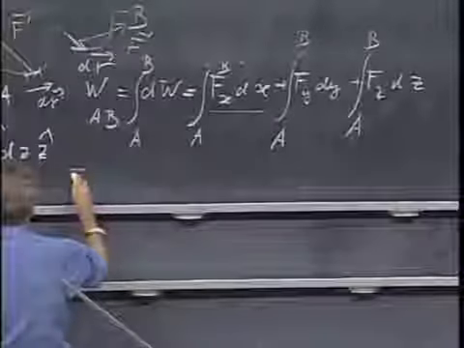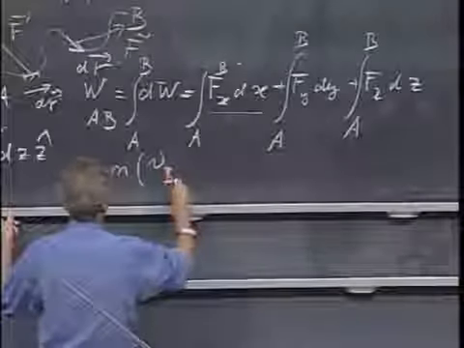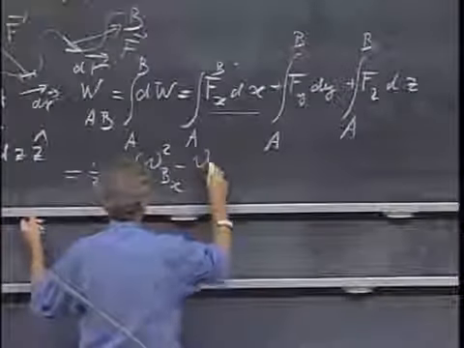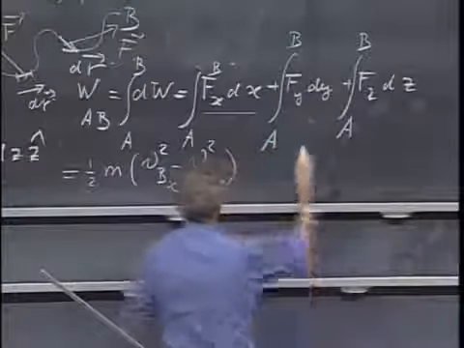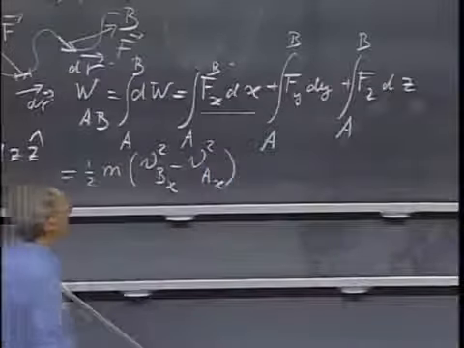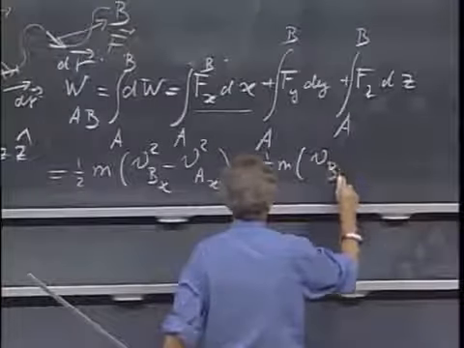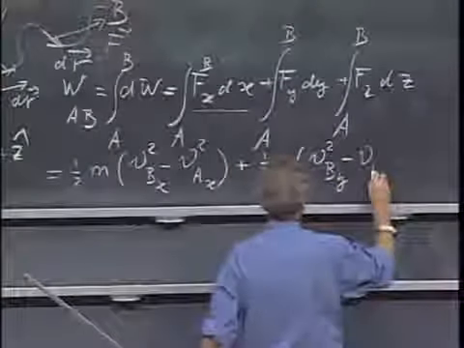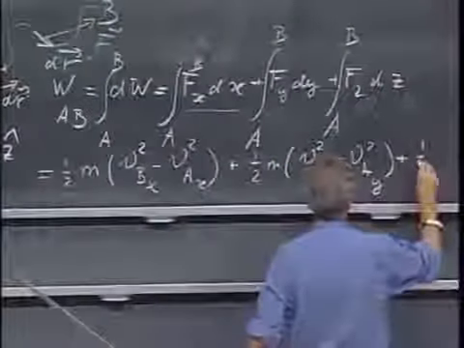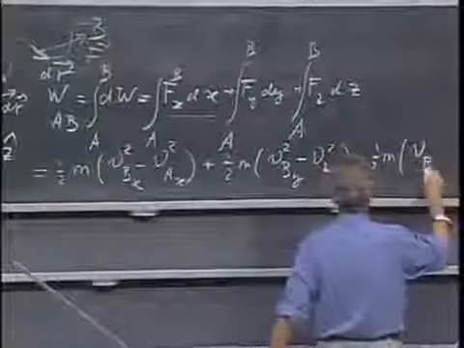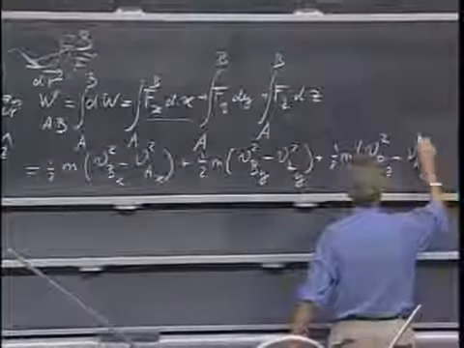So we have 1/2 m vb squared, this is the x component, minus va squared, the x component. This is also a one-dimensional problem now, except that now I deal with the y component of the velocity. So I get 1/2 m times vb y squared minus va y squared plus 1/2 m vb z squared minus va z squared.